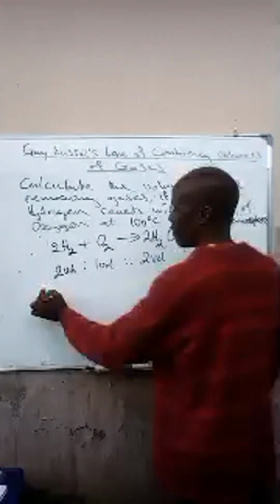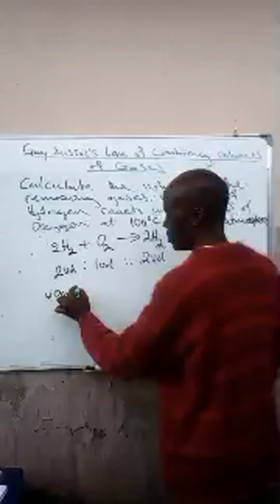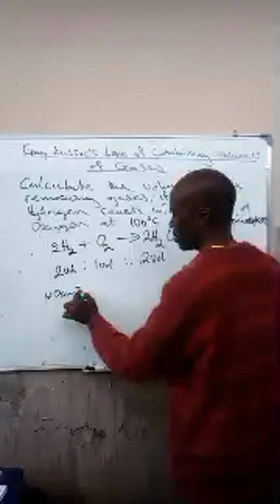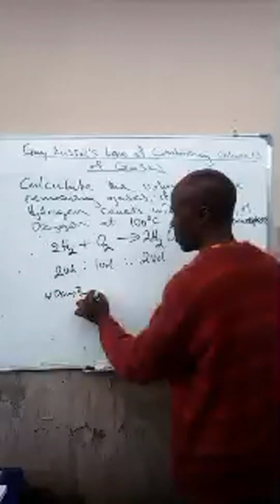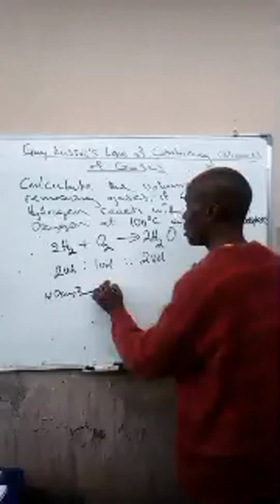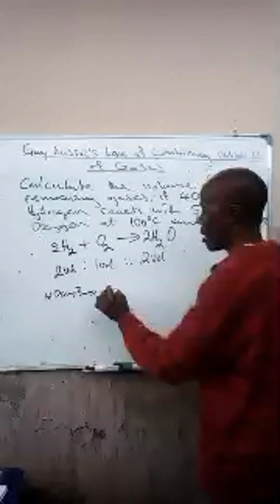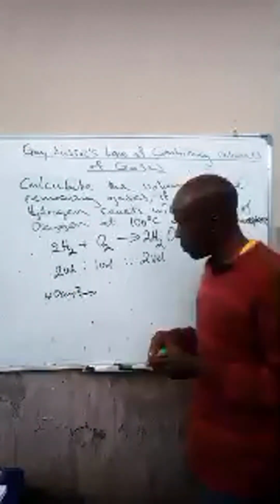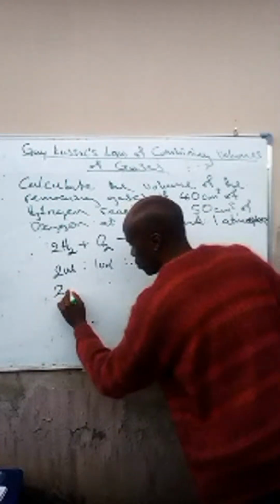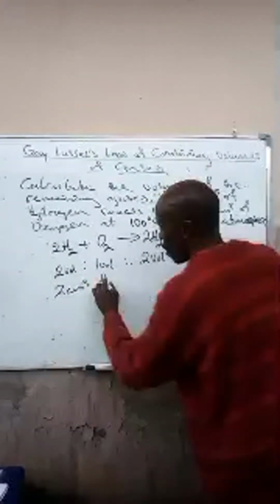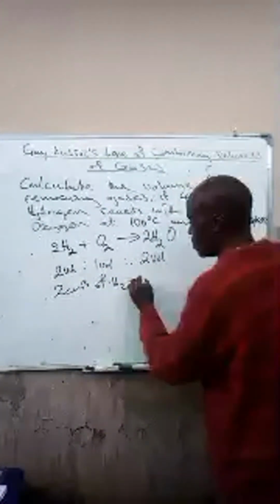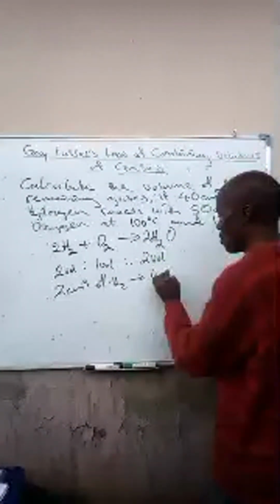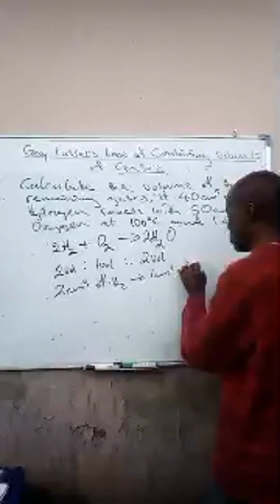That means you have 40 cm cube of hydrogen reacting with what? Let me go back. Okay, let's start right from there. Say that 2 cm cube of hydrogen will combine with 1 cm cube of oxygen.